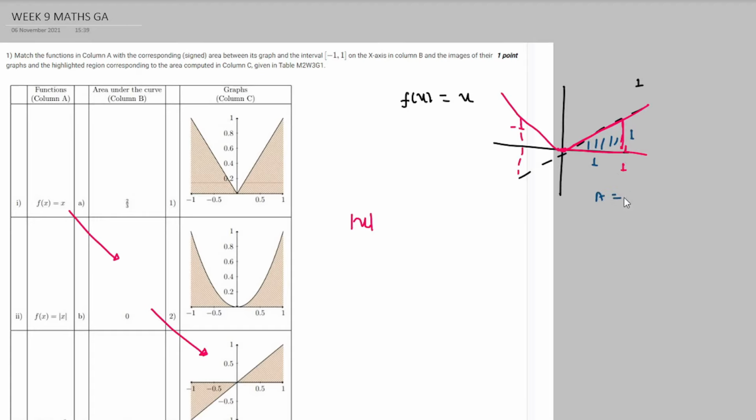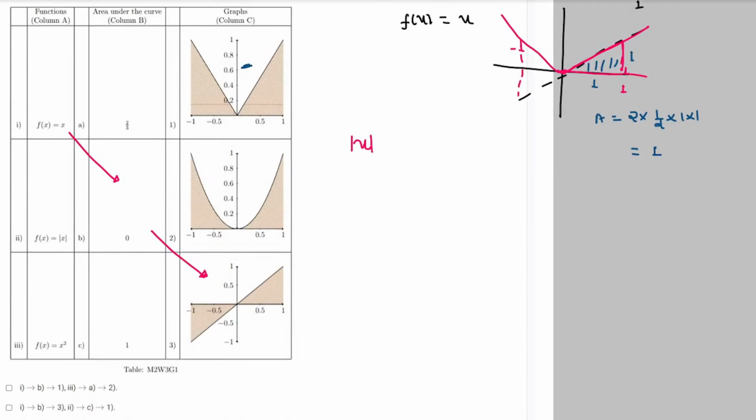So area will be equal to 2 times half 1 times 1, so it will give 1. So for the function mod x, its area will be equal to 1 unit and its graph is the first one.